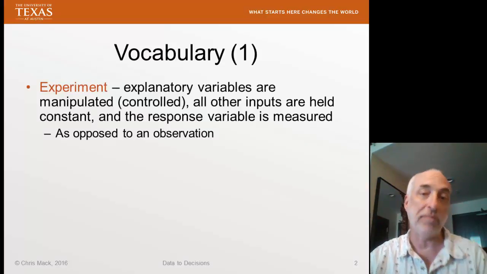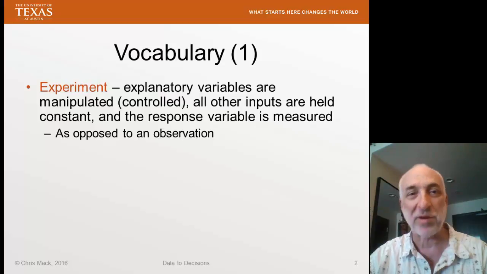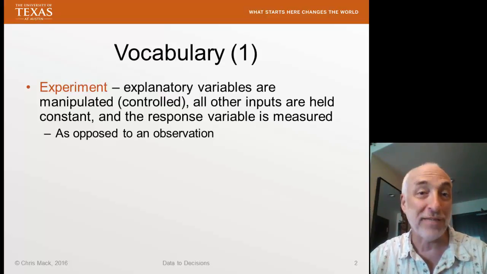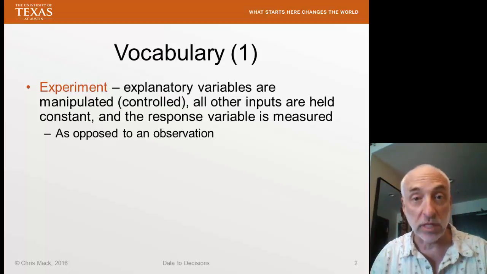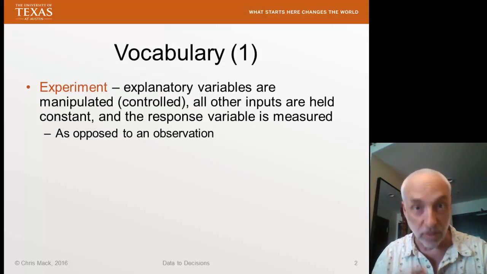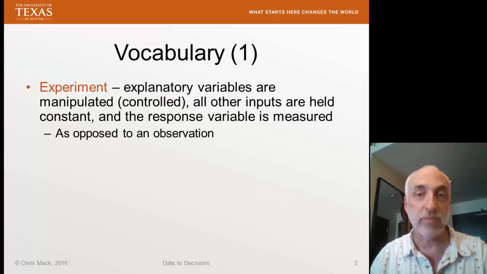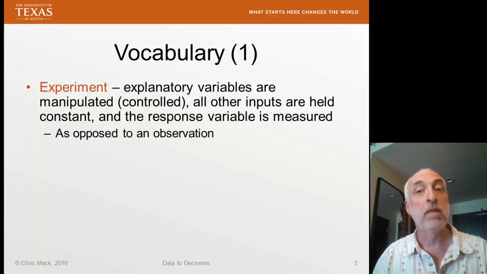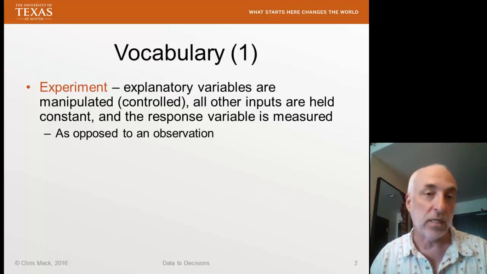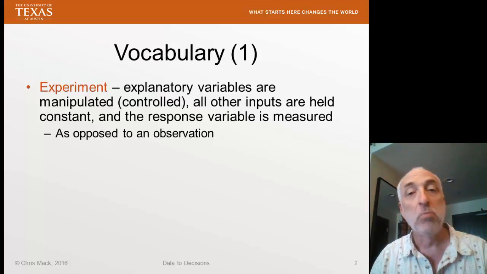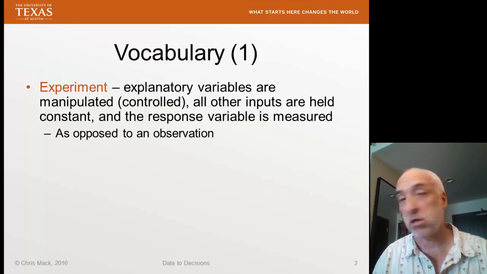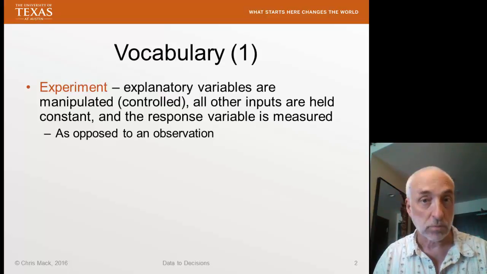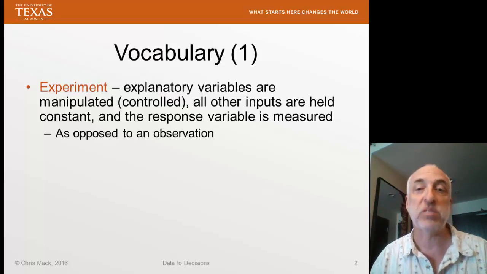First, an experiment. I think we all know what an experiment is, but to define it explicitly, an experiment is where I have certain variables, explanatory variables, predictor variables, regressor variables, all names that we can use, input variables, that are going to be manipulated, controlled, adjusted over certain ranges and certain values. All the other input values are going to be held constant. Then we're going to measure a response variable.